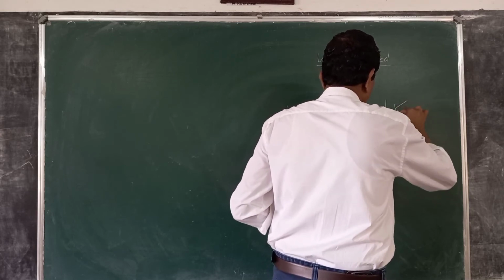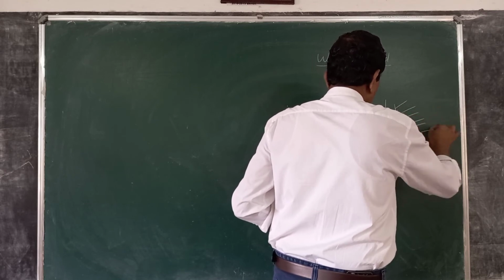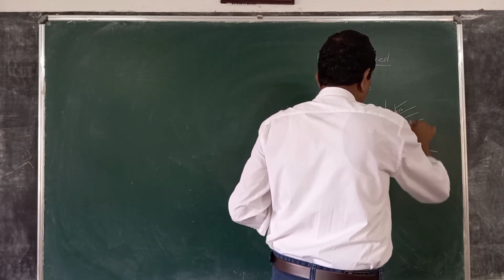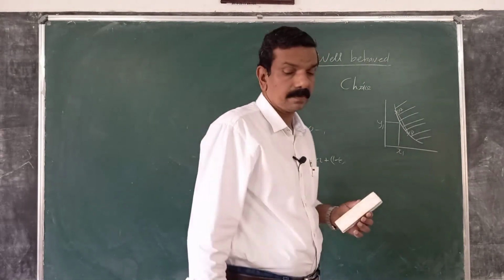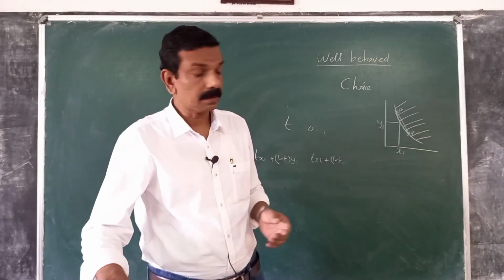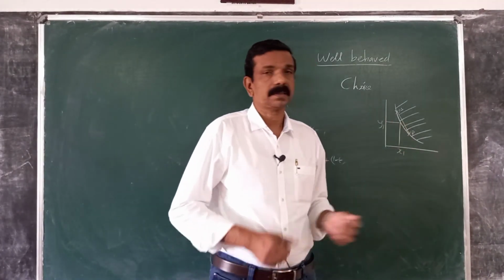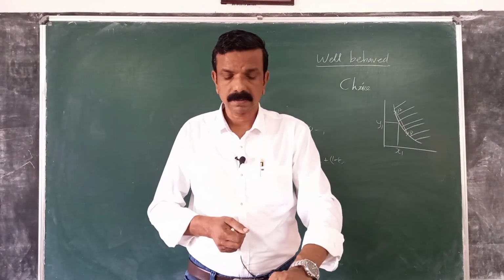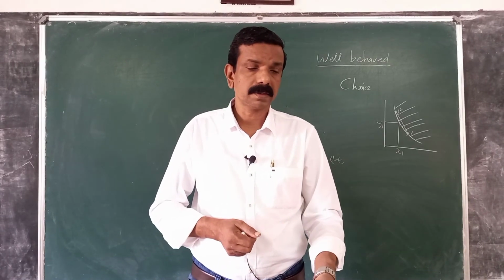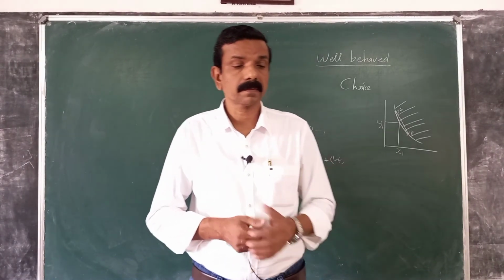Then you connect point A and B with a line. The line is contained entirely within the set. So it is a convex set. All sets need not be convex. There are also sets which are not convex.